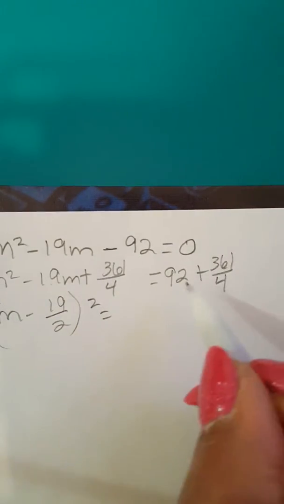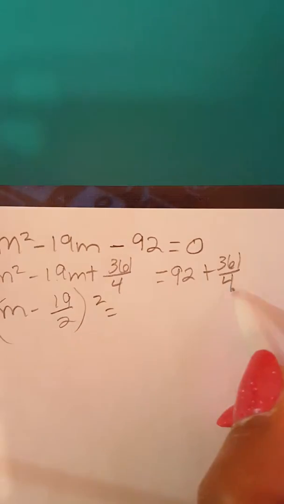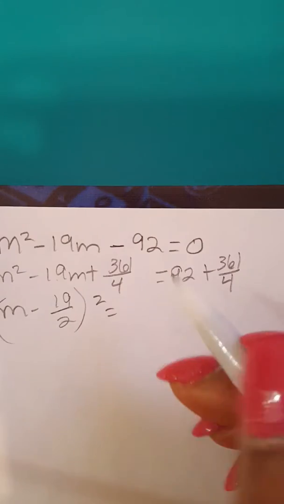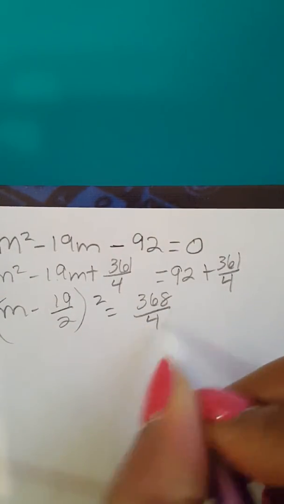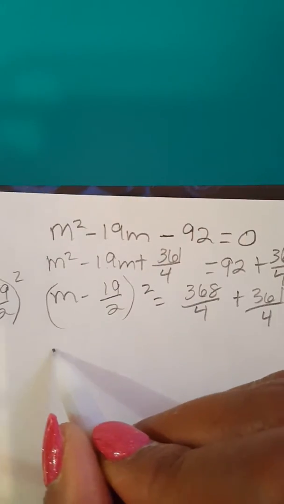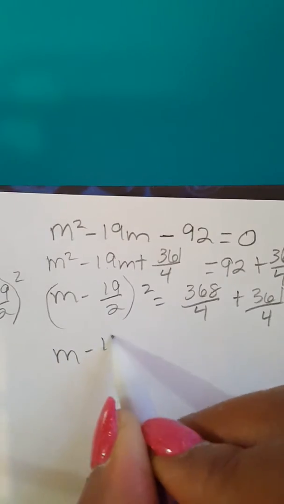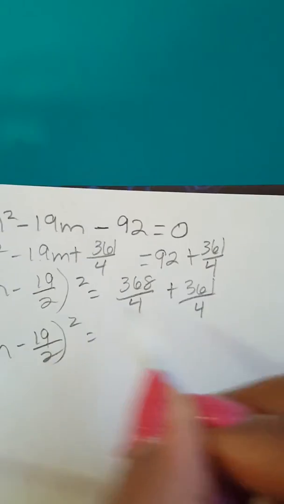And now here we combine, so we have to rewrite 92 so that it has a denominator of 4. So all we do is multiply 4 times 92, and that will give us 368 fourths plus 361 fourths. And then we combine the two fractions.